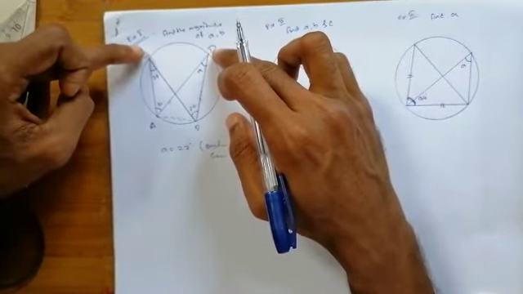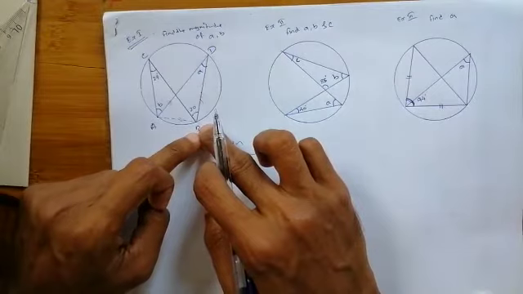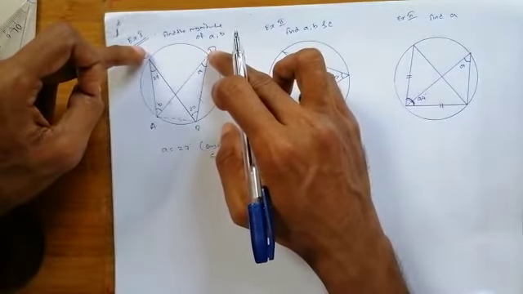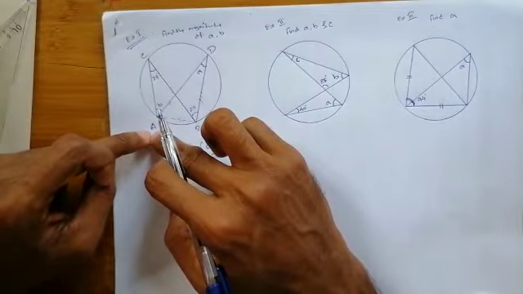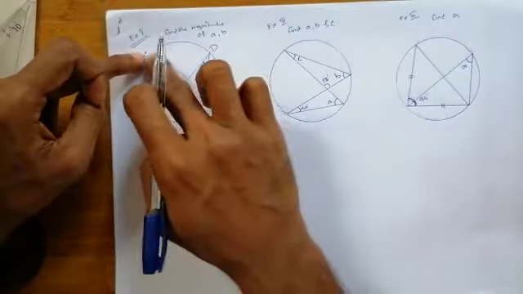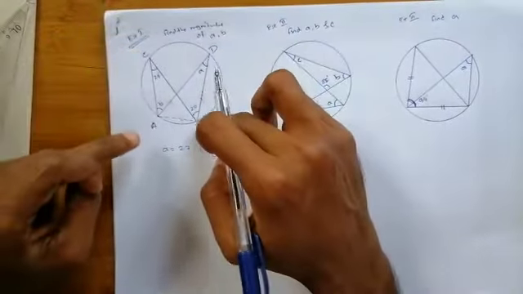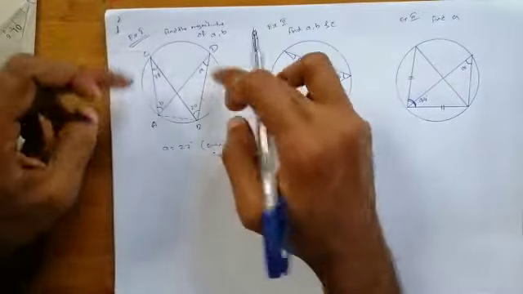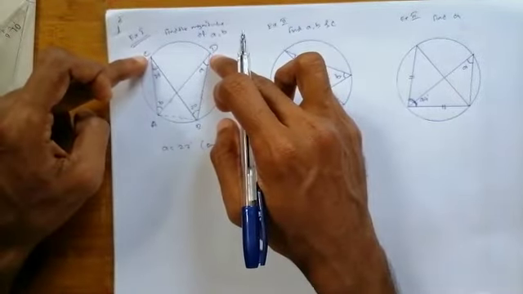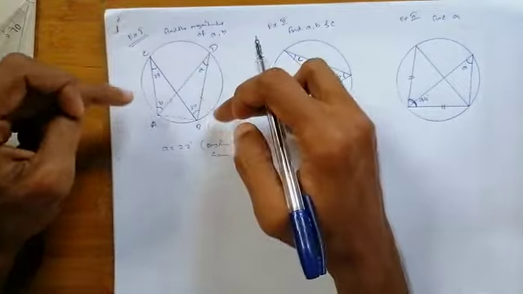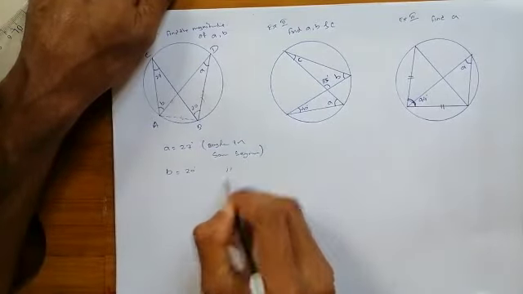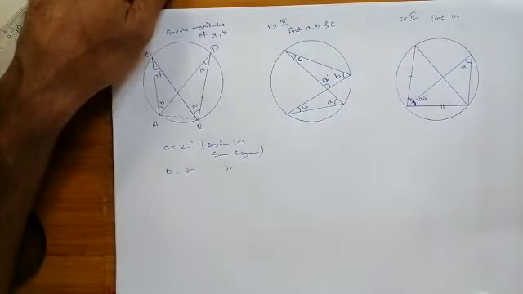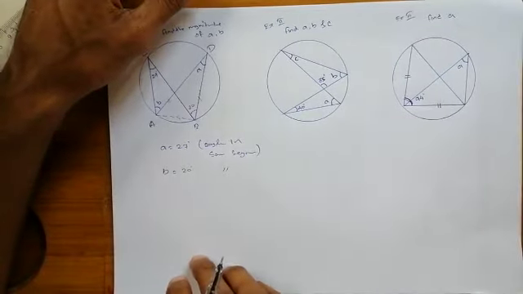CD creates angle 20 and CD creates the same angle at B, because if you consider CD, 20 and B are on the same side of the chord CD. In other words, the same segment. So b is 20, for the same reason, same segment angles.